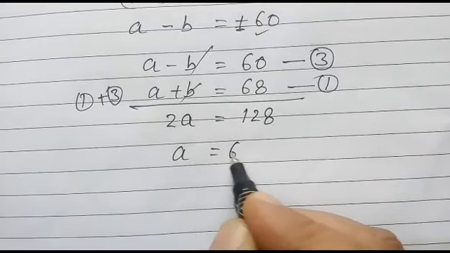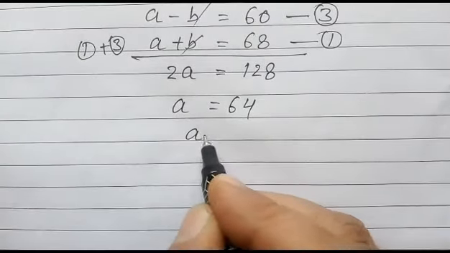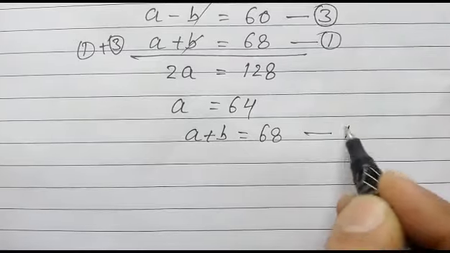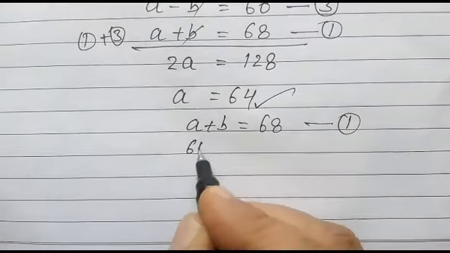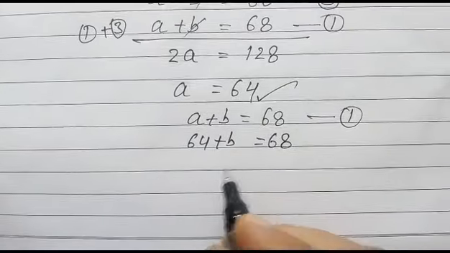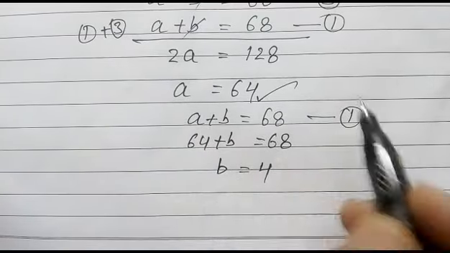So a will be equal to 64, right? a plus b is equal to 68 as equation first. So a is 64 plus b is equal to 68. So b will be equal to 4, right?